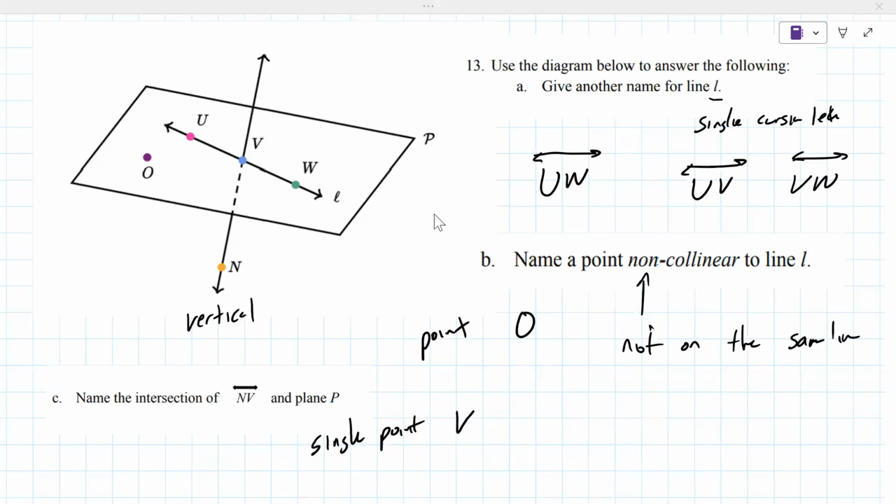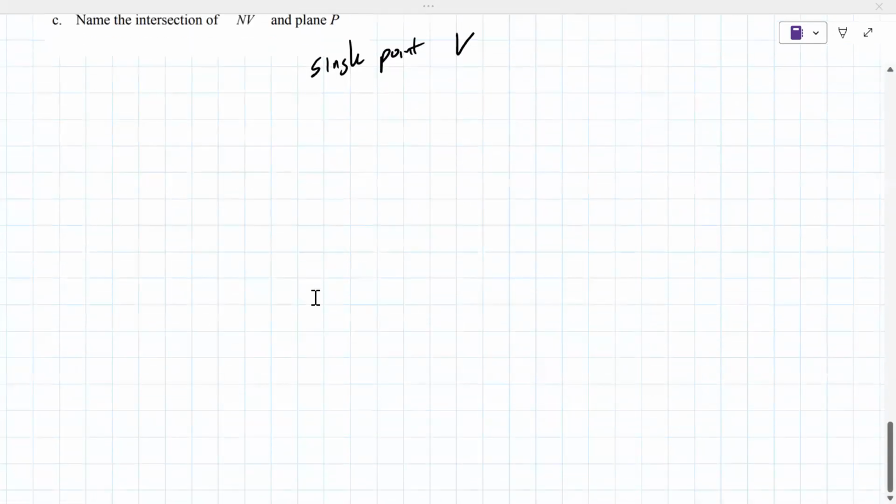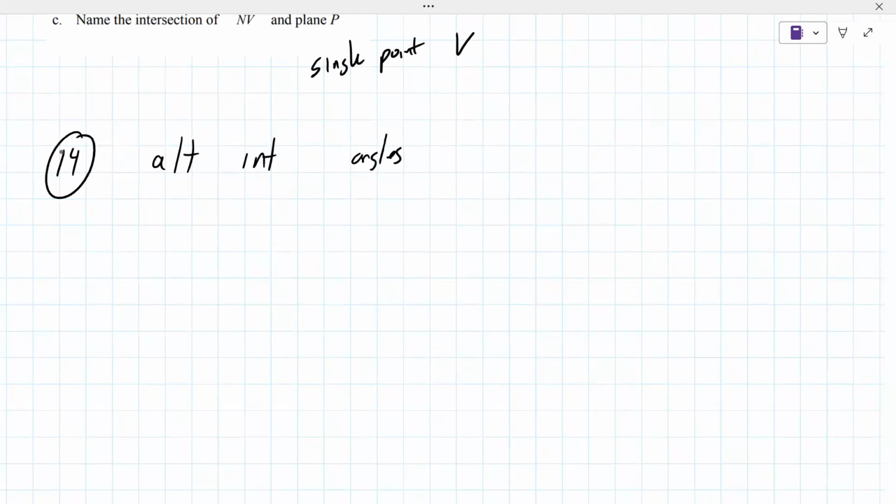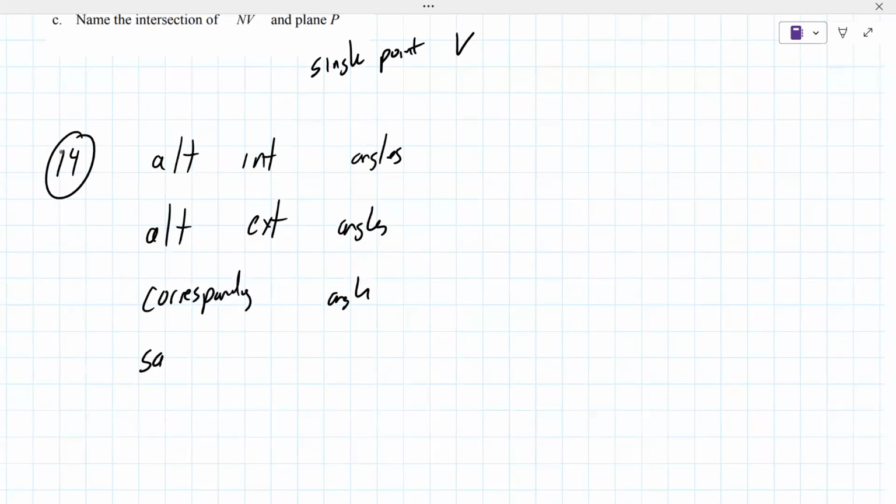So to answer 14, there's a bunch of theorems or postulates that you need to know. There's alternate interior angles, alternate exterior angles. I think we covered this in one of the worksheets. Corresponding angles, same side interior, which is probably the same as that. There's a bunch of these.